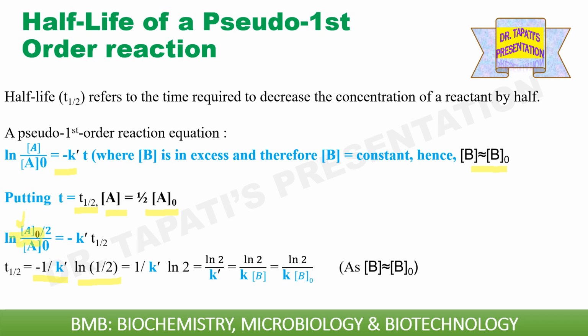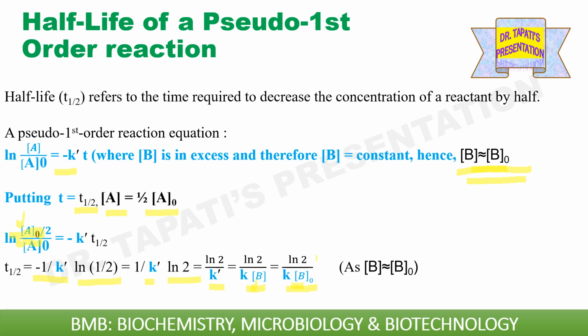That is equal to 1 by K prime into ln2, because minus ln 1 by 2 is equal to ln2, or we can write ln2 by K prime, or ln2 by K into the concentration of B, because I have told that K prime is equal to K into the concentration of B. That is equal to ln2 by K into the initial concentration of B, because as I told, B is equal to B0, so we are replacing B with B0 here.